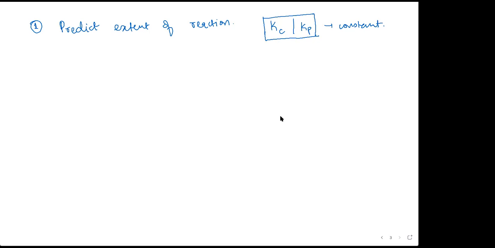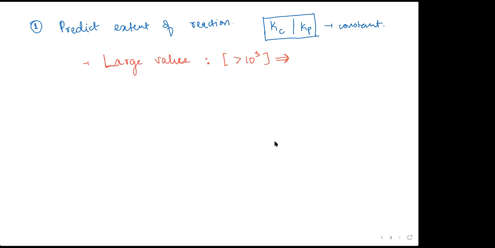So how do you predict the extent? You look at the value of Kc. Now it can be anything because it's literally the ratio of concentration of products to reactants. So if it happens to be a really large value, if you have a large value of Kc or Kp, something greater than 10 cube, what does it mean?